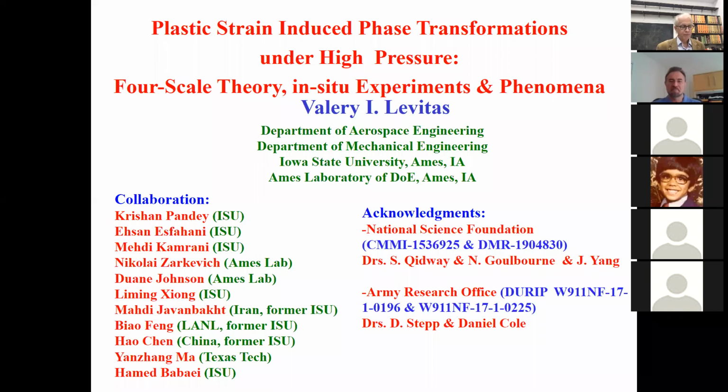Valeri is an expert in plastic deformation of materials, particularly at very high pressures, and uses both theory and experiments to address a wide range of problems with a principal focus on the coupling of plastic deformation and phase transformations, which I believe he'll tell us about today. And he does these experimentally with rotational diamond anvil cells and different kinds of simulations. So welcome, Valeri, and I'll turn this over to you.